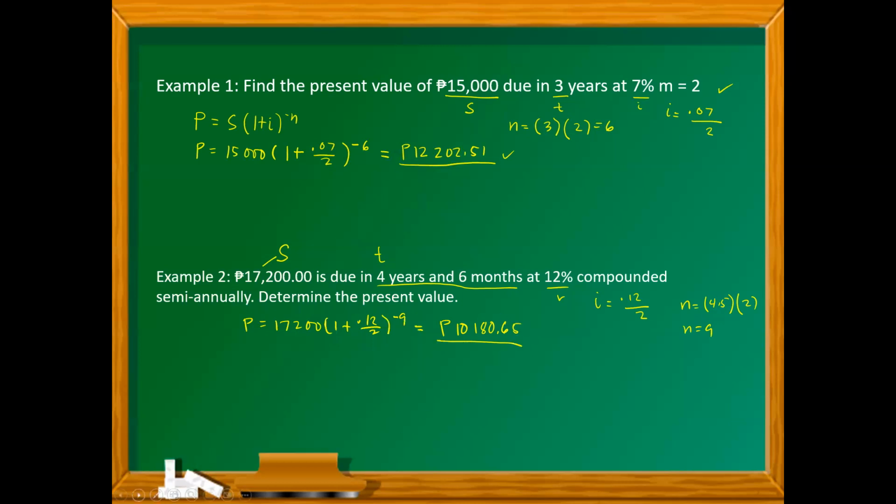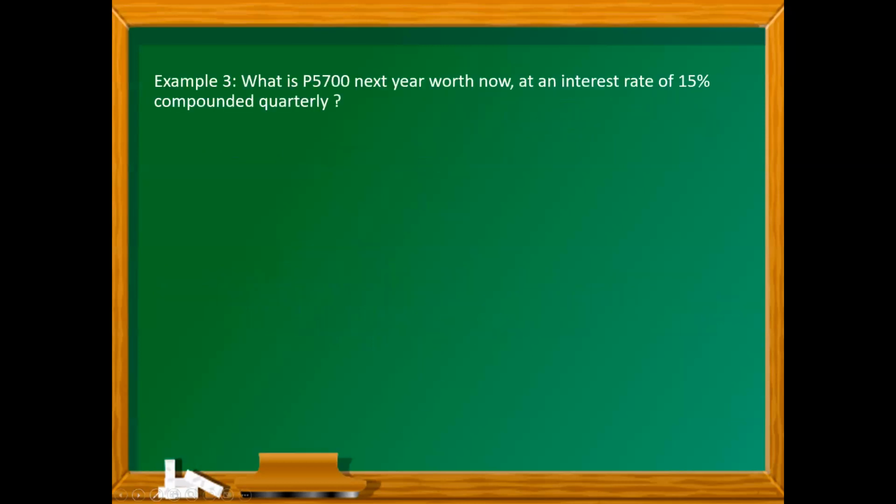Next, we have, what is 5,700 next year worth now at an interest rate of 15% compounded quarterly? So your S here equals 5,700, while t equals 1, and then n equals the product of 1 and 4. So n equals 4 here, and then you have to divide the rate by 4.